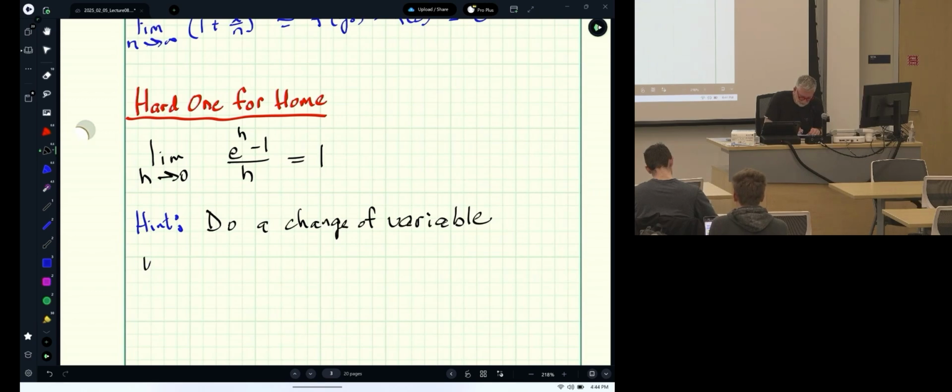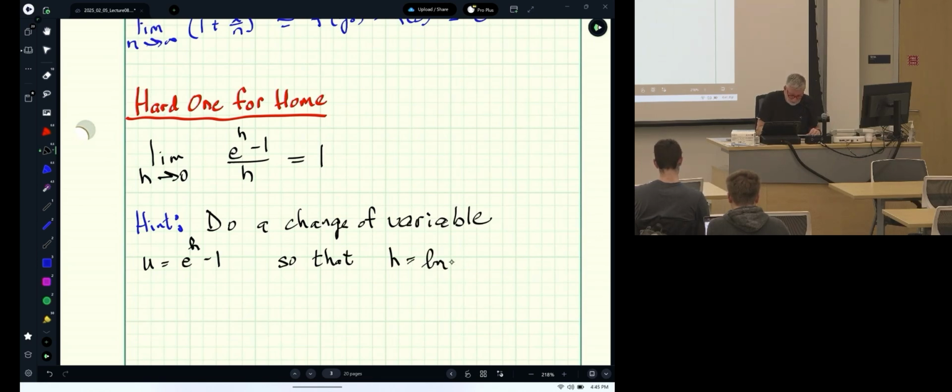We're going to let u equal e to the h minus 1. And if you do that, so you add 1 to both sides, and then take the natural logarithm, you get h equals the natural logarithm of u plus 1. Okay? So add 1 to both sides of the definition. So this is actually a definition.